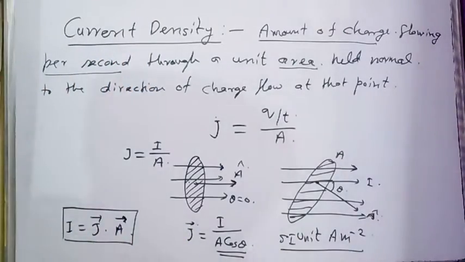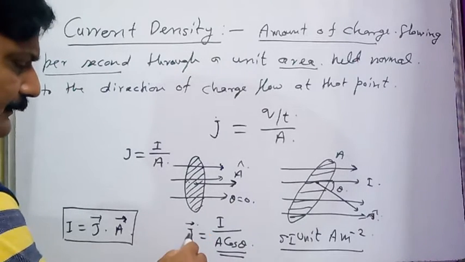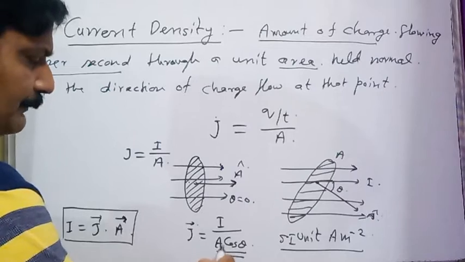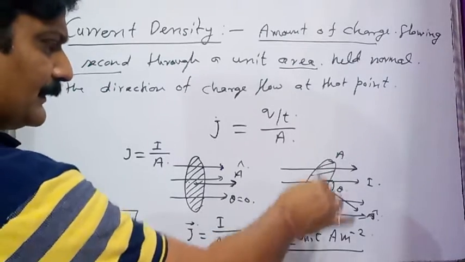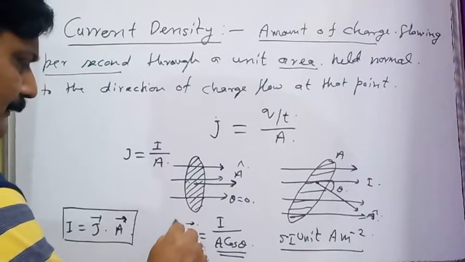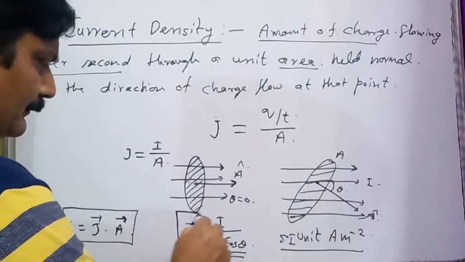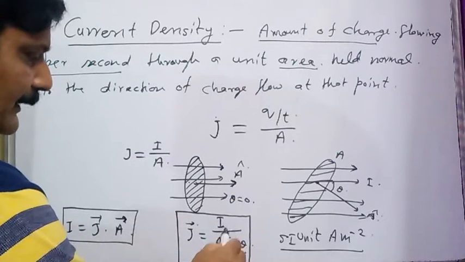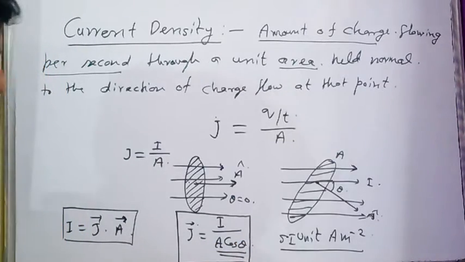And in this case, the current density J is current divided by the component of the area vector normal to the direction of current flow. So the equation for current density is I divided by A cos theta.